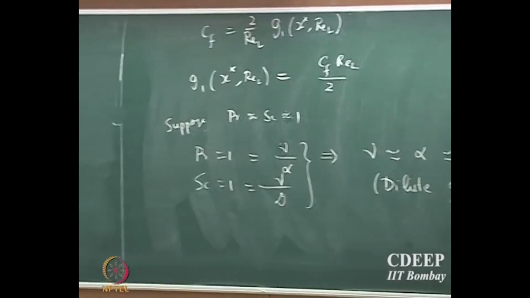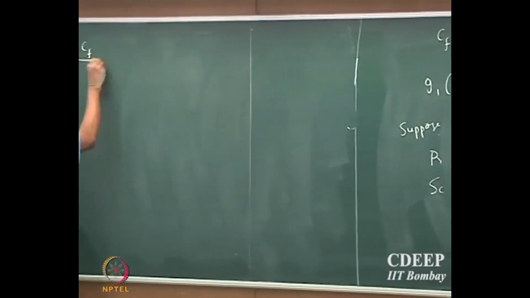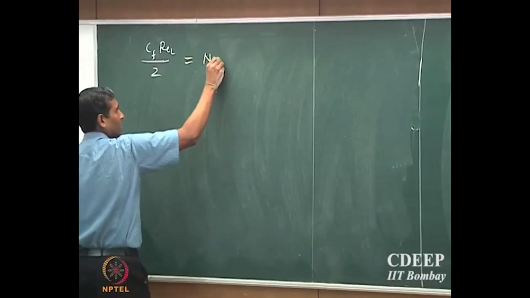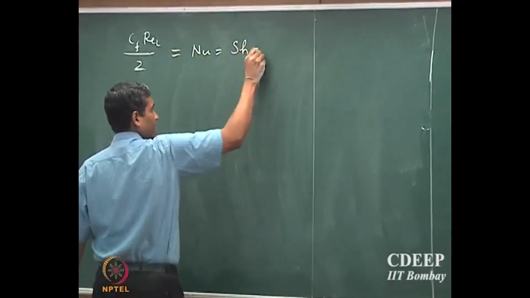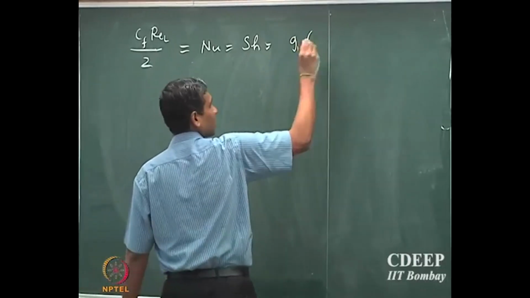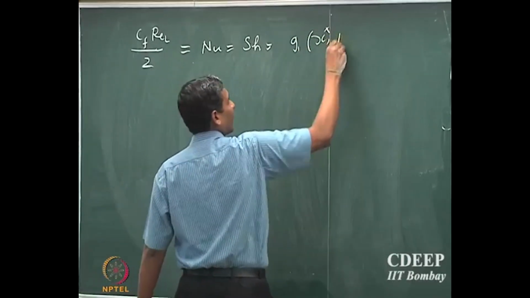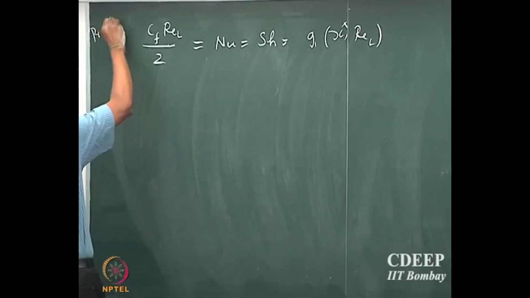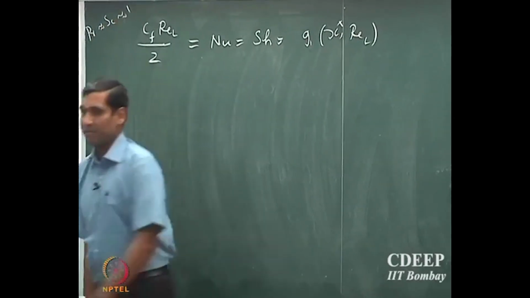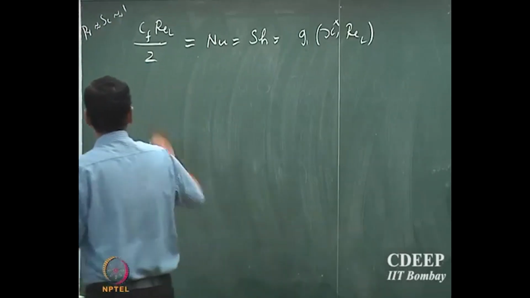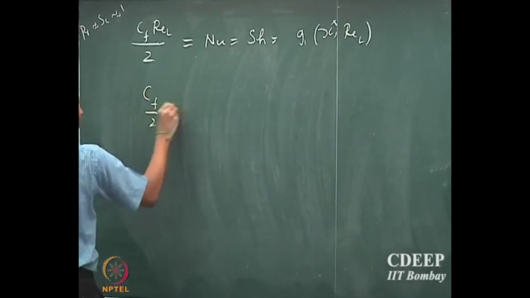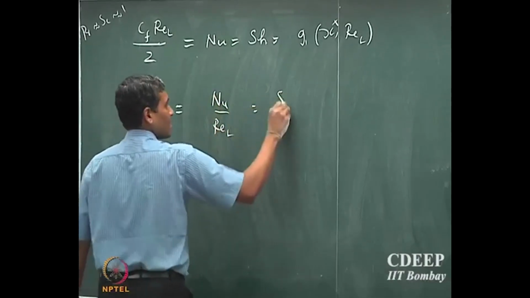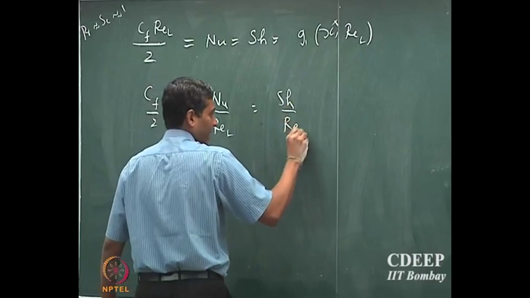So, for this particular case, we could assume that Cf into REL by 2 equal to G1 X star comma REL. Now, note that this is only when Prandtl number and Schmidt number are almost equal to 1. So, we can rewrite this as Cf by 2 equal to Nu by REL equal to Sherwood number by REL.